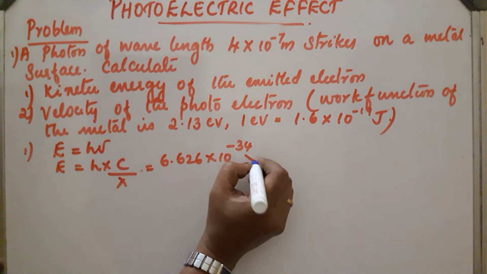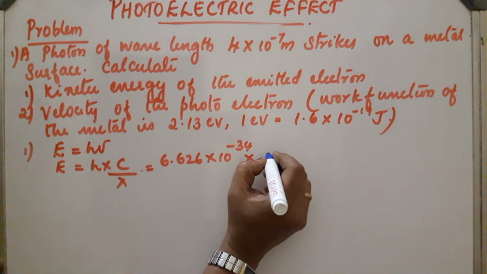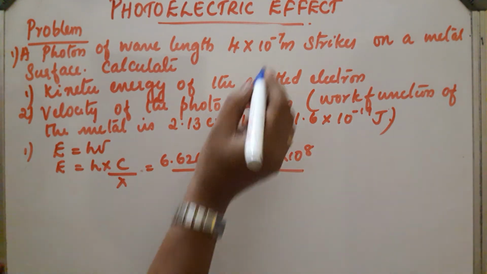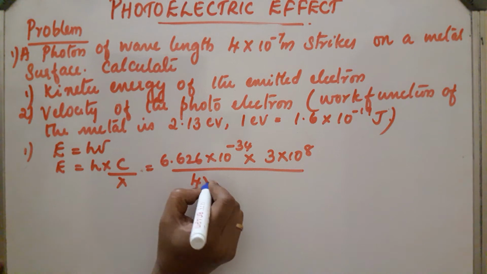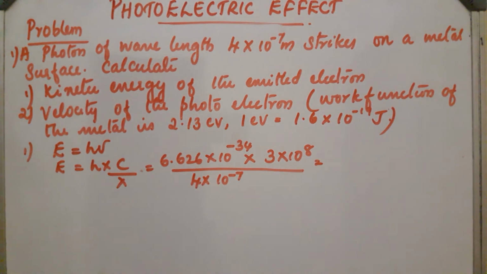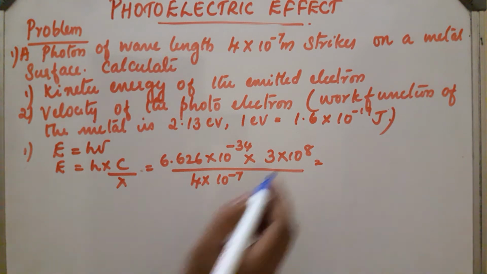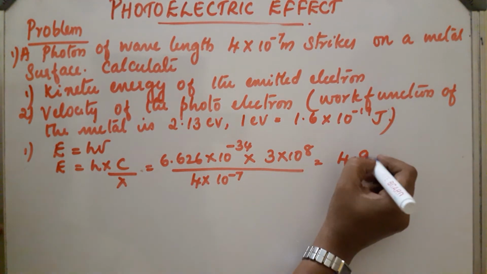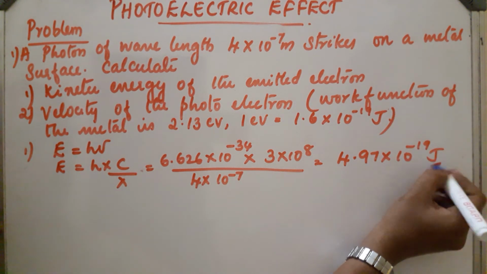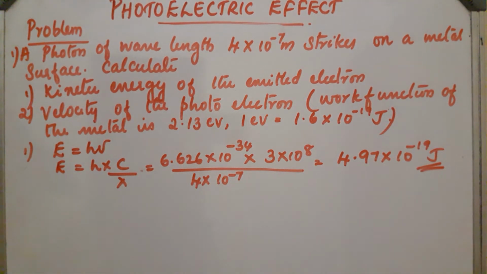Then c is 3 into 10 raised to 8 meter per second, divided by lambda, which is 4 into 10 raised to minus 7 meter. After calculation, we get the value 4.97 into 10 raised to minus 19 joule.